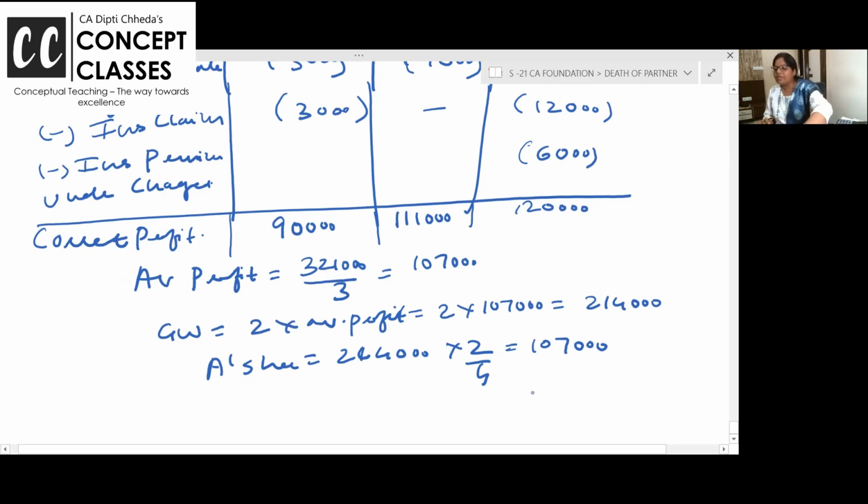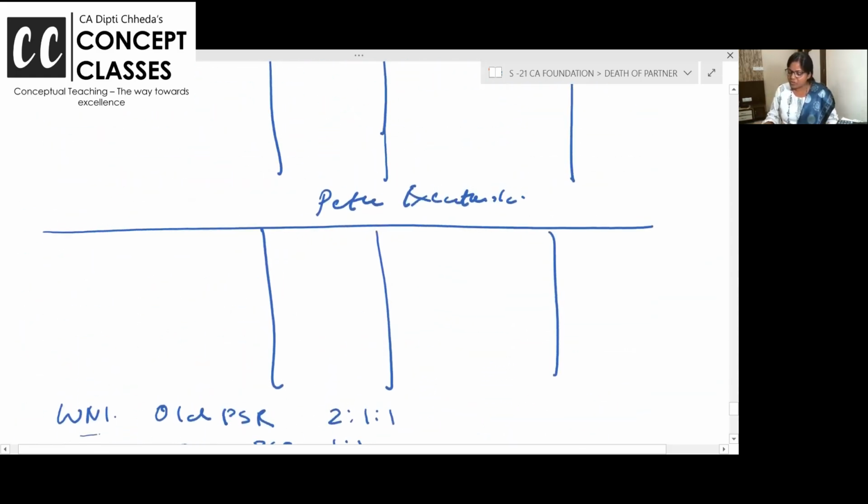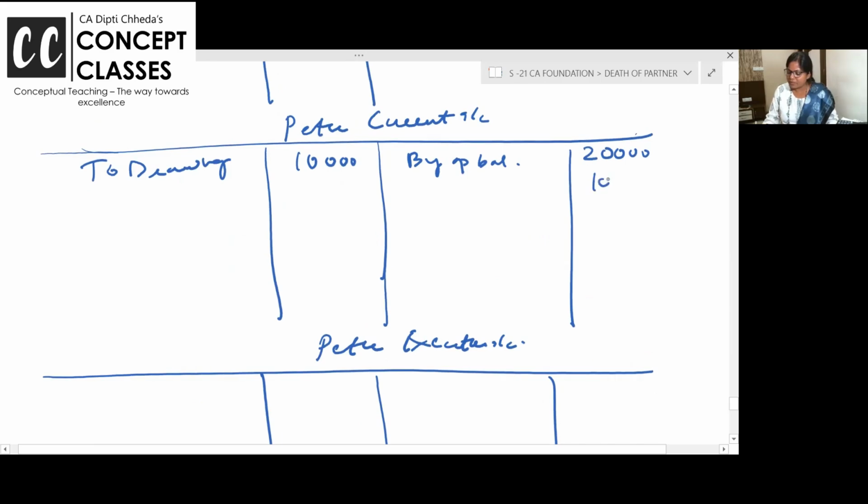And we will add all this in the current account. All adjustments we should do in the current account. Share of goodwill 1,07,000.